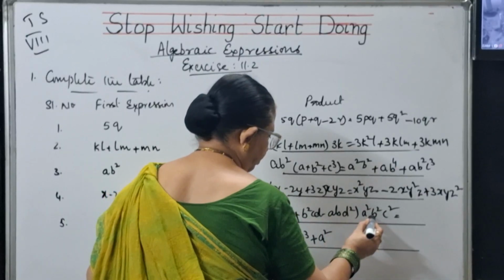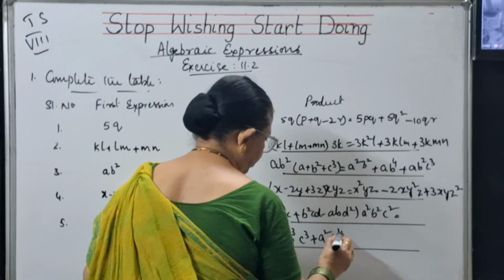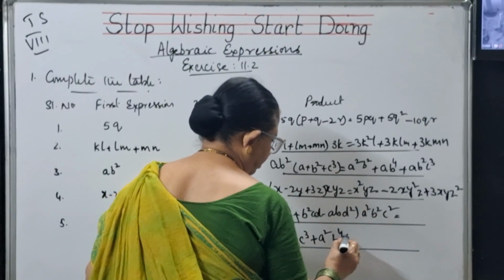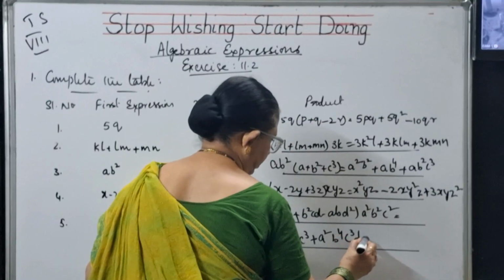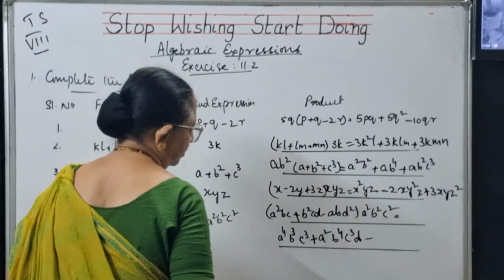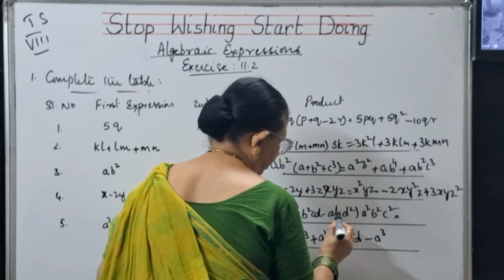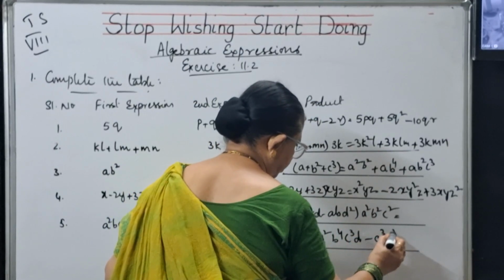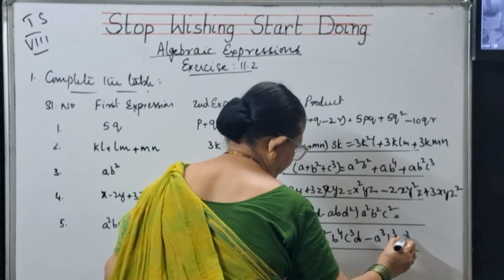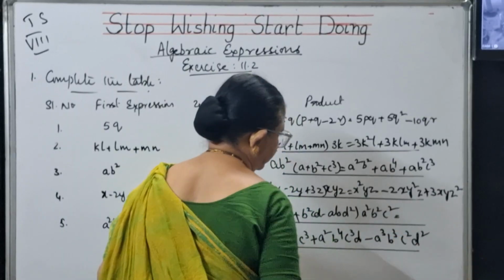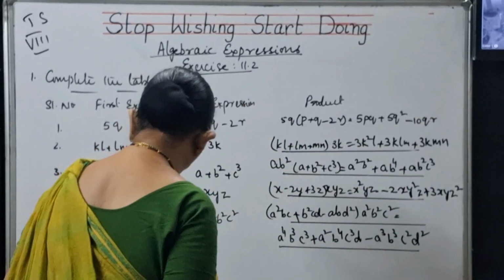B square into b square, b to the power of 4, c into c square, c cube, d. Minus a into a square, a cube, b into b square, b cube, c square, d square. These are the answers, children.